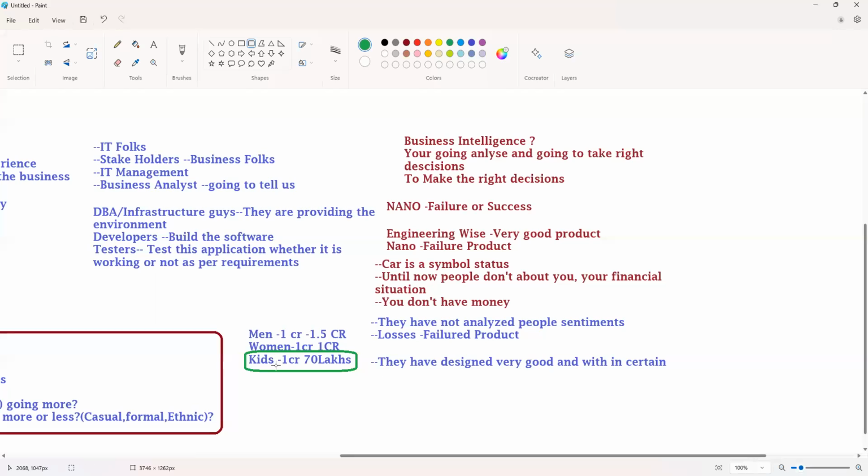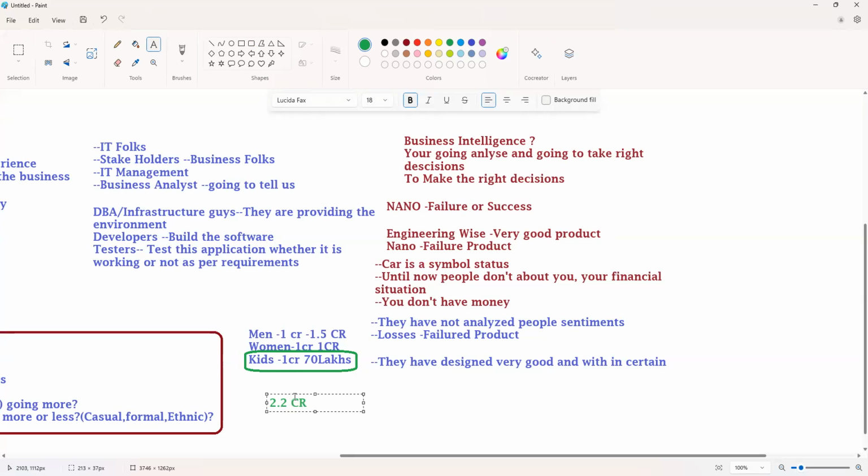If you remove the kids business, what is the profit, guys? 2.5 crore. If you don't remove it, what is the profit? 2.2 crore. So directly you are losing.